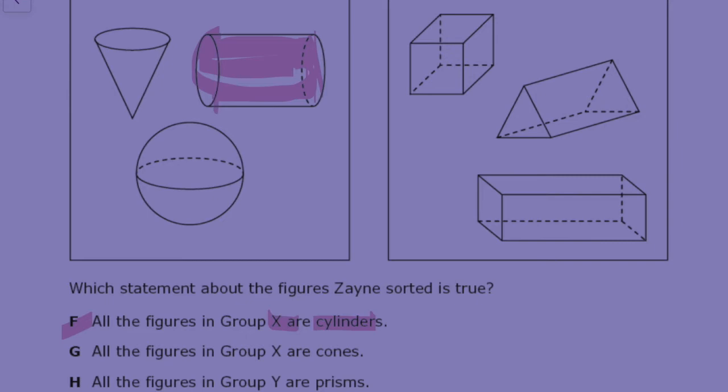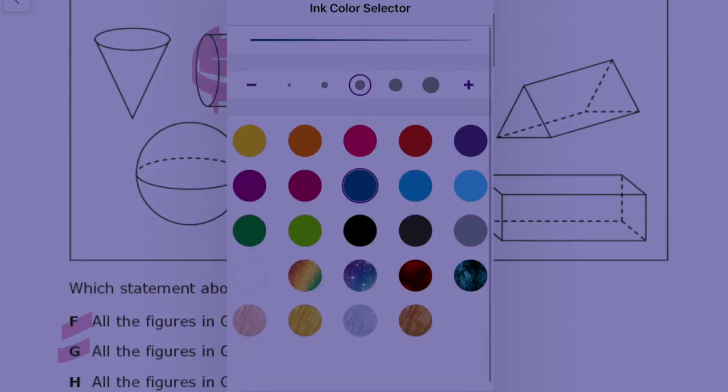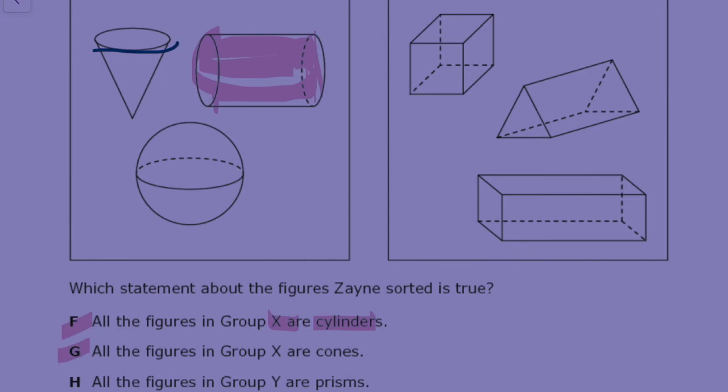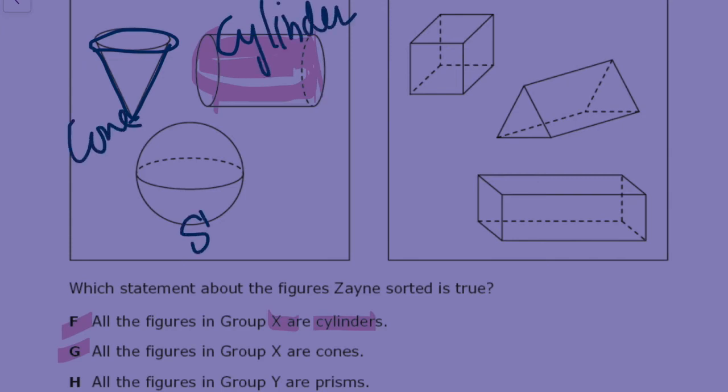So they are not all cylinders, so that's out. Answer choice G says X has cones. We only have one cone, and the rest are cylinders. So this is a cylinder, this is a cone, and this is a sphere.